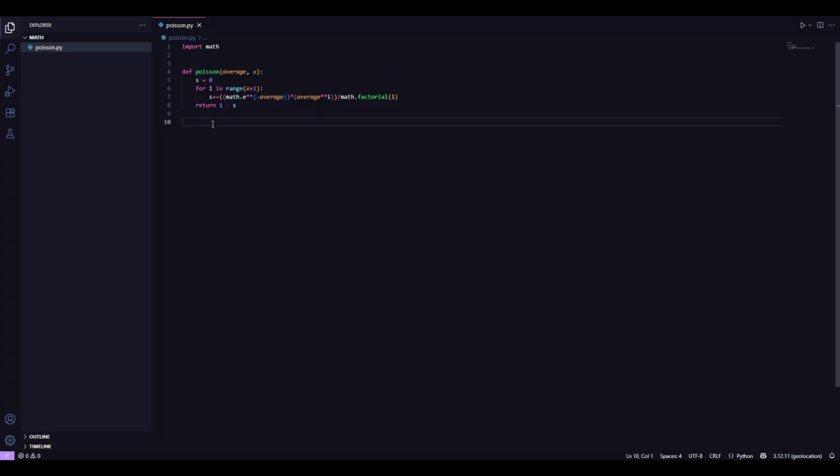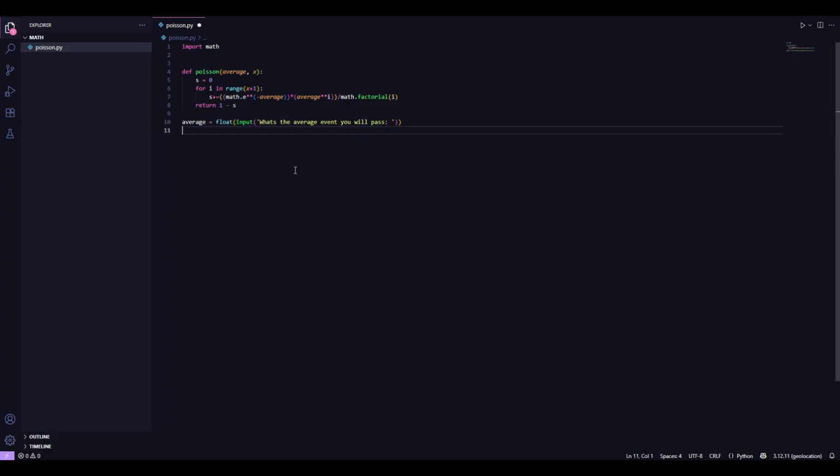So in Python I can use input to enter the number of events you would like to calculate. Let's create the average as a float input: what's the average event you will pass.